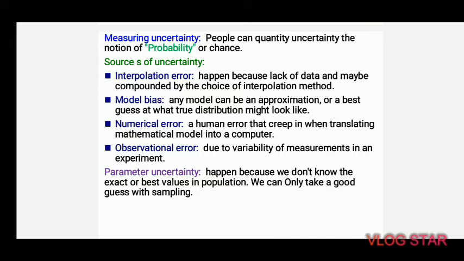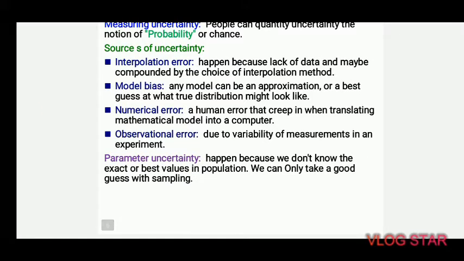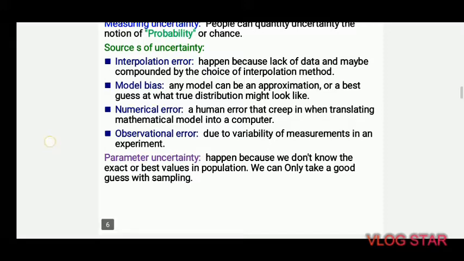Sources of uncertainty. Interpolation error happens because of a lack of data and may be compounded by the choice of interpolation method. Then model bias. Any model can be an approximation or a best guess at what the true distribution might look like.